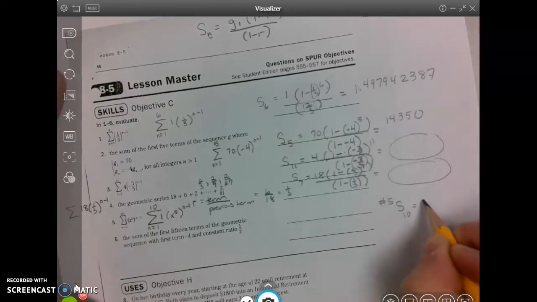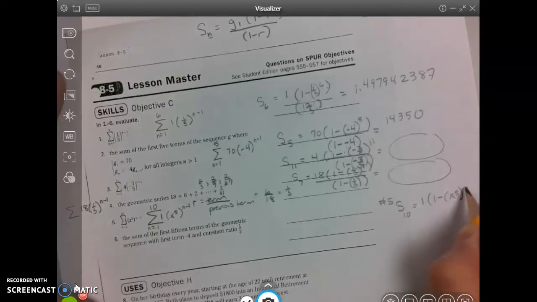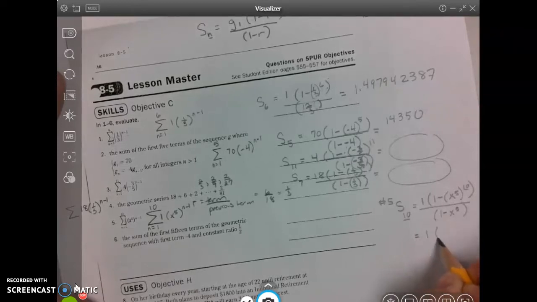It would be the sum of the first 10 terms. The first term is 1. 1 minus, my ratio is x to the 5th to the 10th power. So remember, these should always match. All over 1 minus x to the 5th. So in the numerator, I get 1 times 1 minus power to a power.